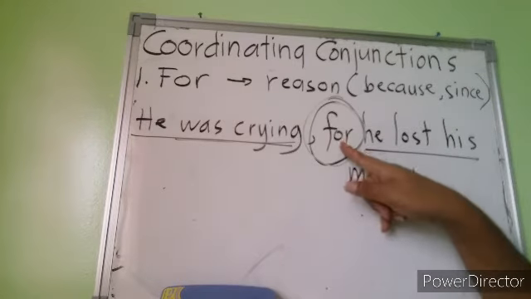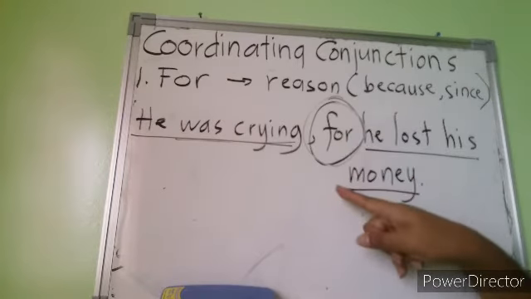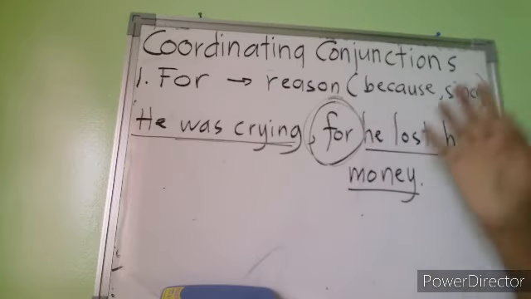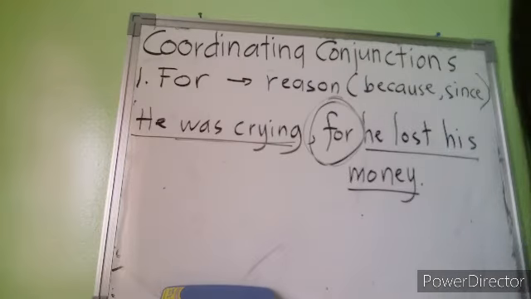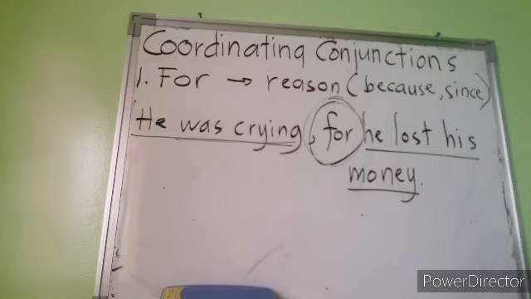We don't normally use this one in ordinary conversations. Normally we use this in business English, for example when the president will make a speech, like the State of the Nation address. So he can use this one.